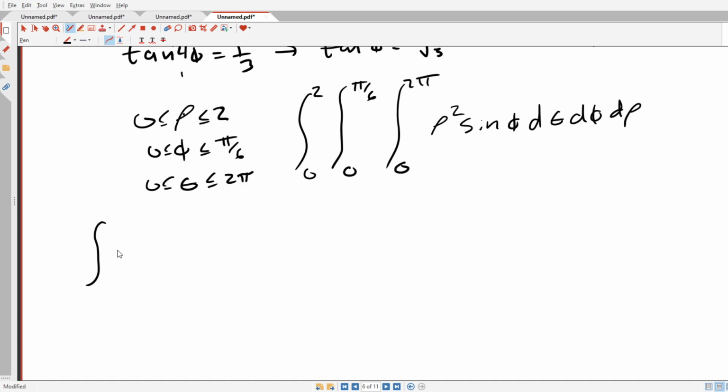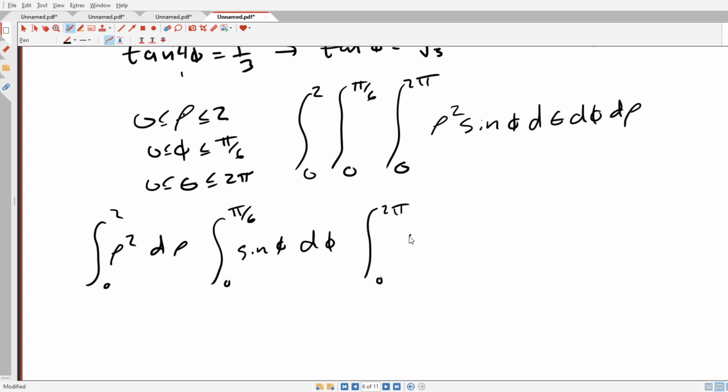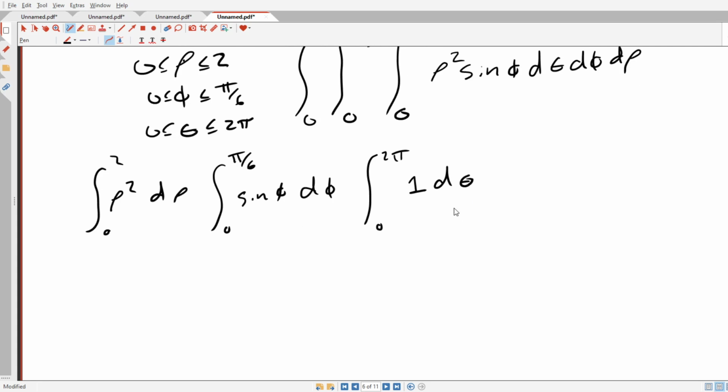So I have the integral of rho squared from 0 to 2 d rho, the integral of sine phi from 0 to pi over 6 d phi, and the integral from 0 to 2 pi of 1 d theta, or just the integral of d theta. Okay, so that is 2 pi. That's this one.